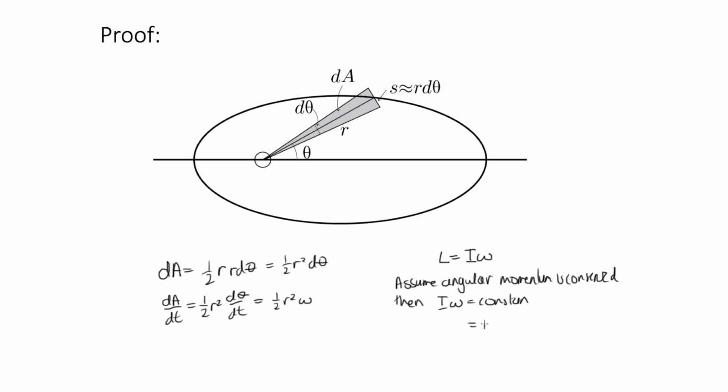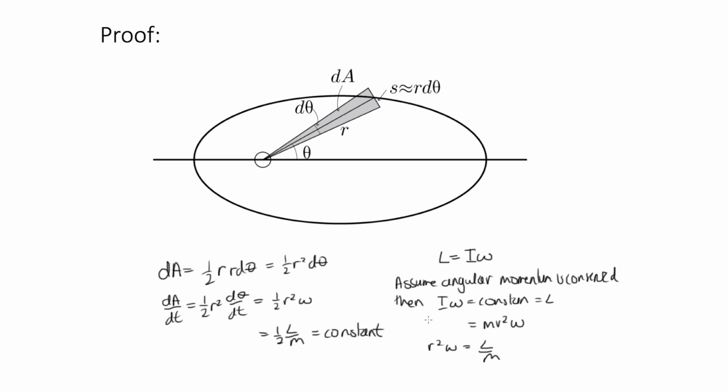So I is given by m r squared. So rearranging this, we've got m r squared omega is equal to L, our angular momentum. We can replace r squared omega with L on m. So dA/dt is equal to a half L on m. Now the mass of the planet is definitely not changing, and as long as we assume that the angular momentum is conserved and isn't changing either, then we can see that dA/dt is equal to a constant.